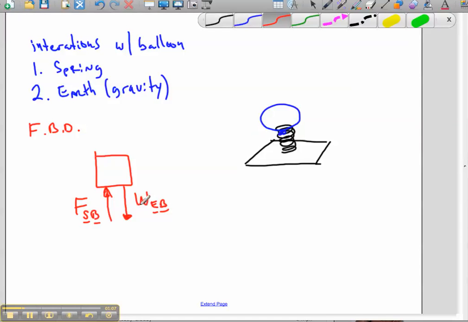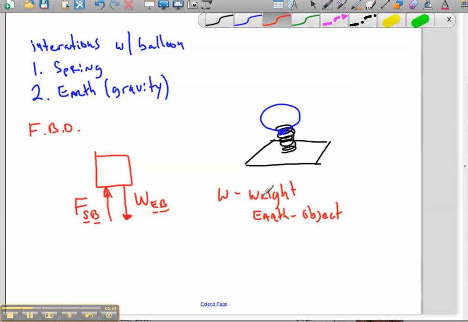Alright, now what does the W stand for? The W stands for weight. And weight is the name we give to the interaction between the earth and some other object that's near the earth. In fact, it could be between any planet and some object on that planet.